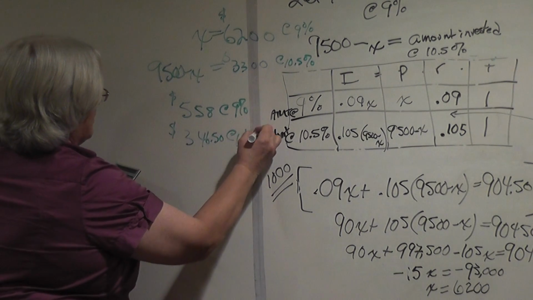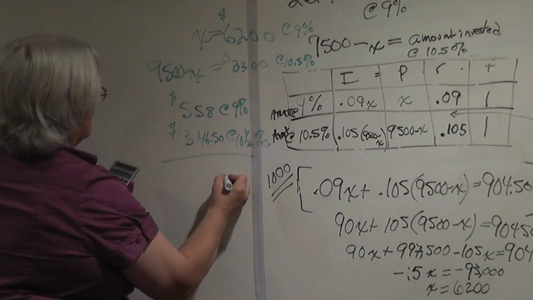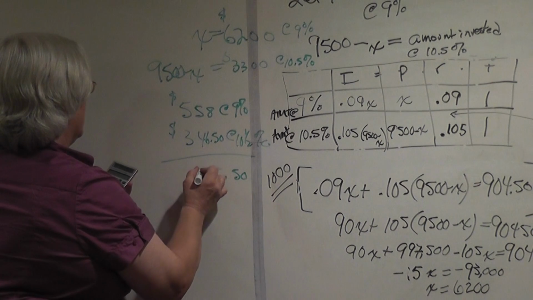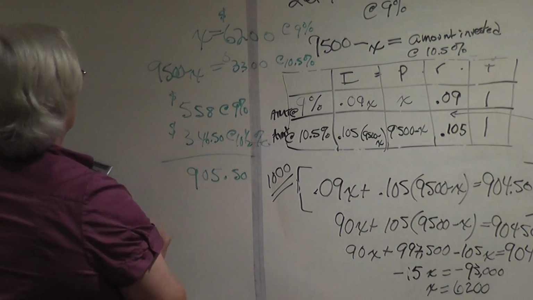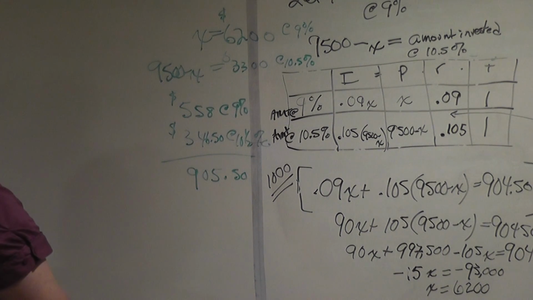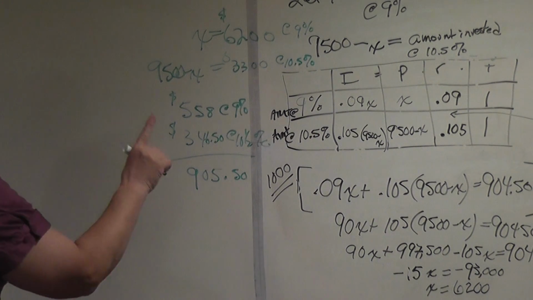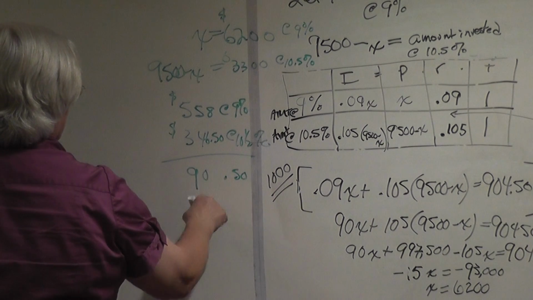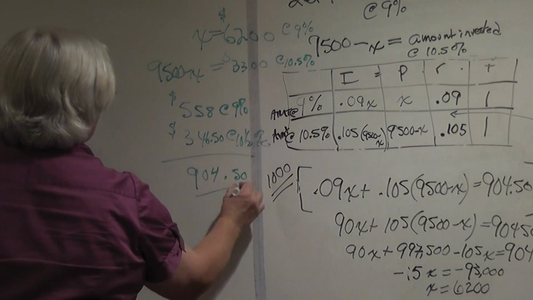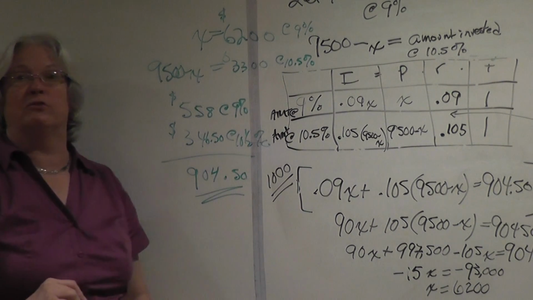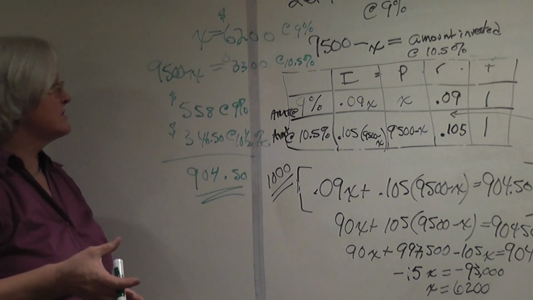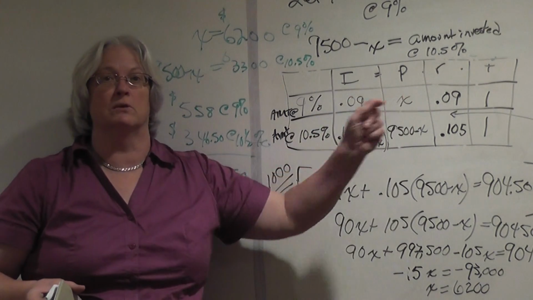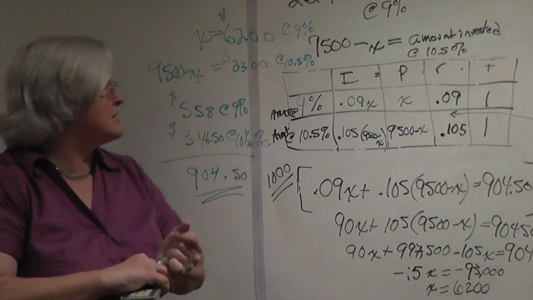At 10.5%, you total those together, 50, carry 1, 509. Supposed to be 904. What did I do wrong? Right there, 6 and 8 is 14. I didn't have 1 to carry. $904.50.